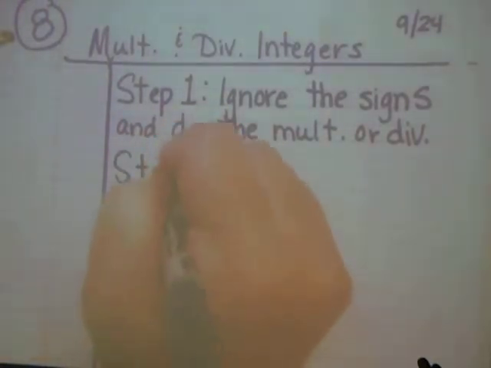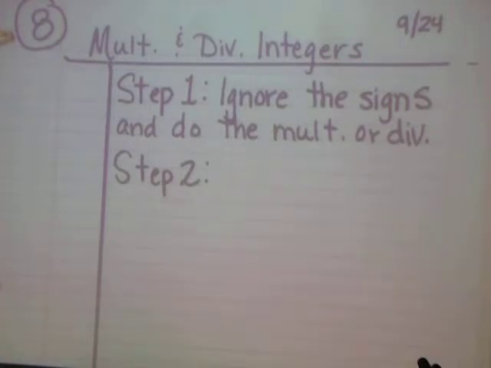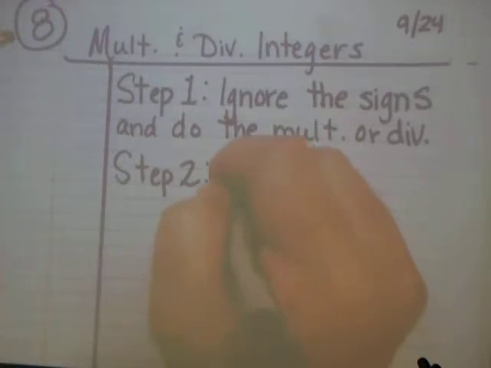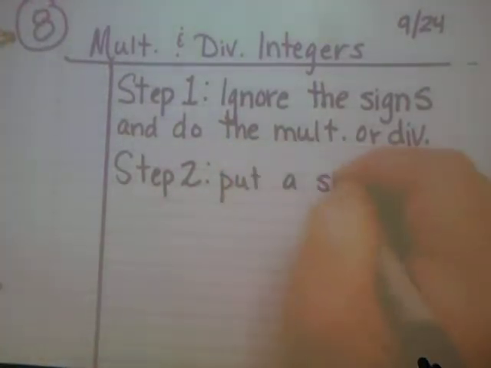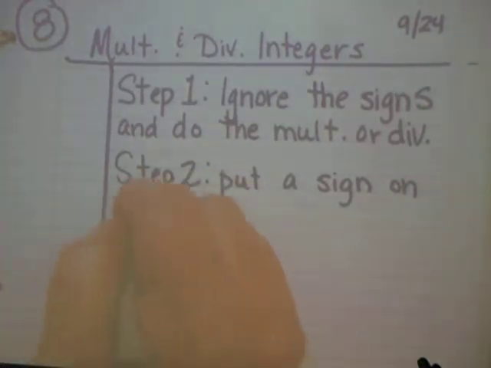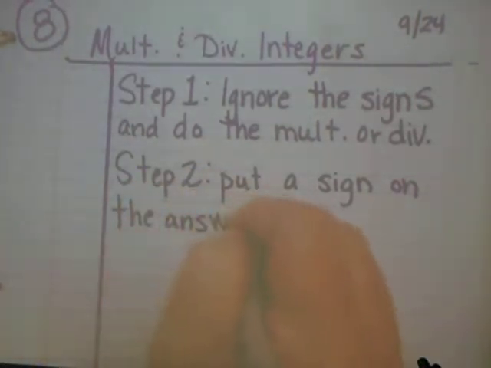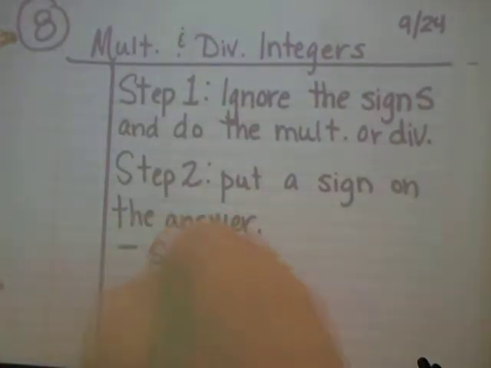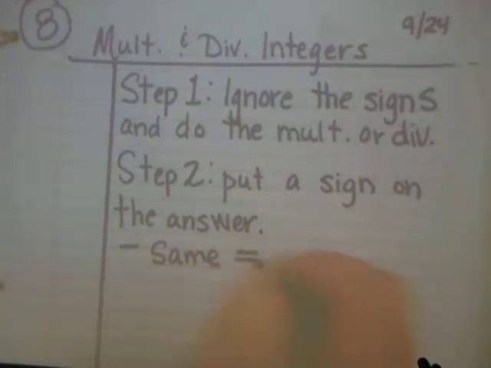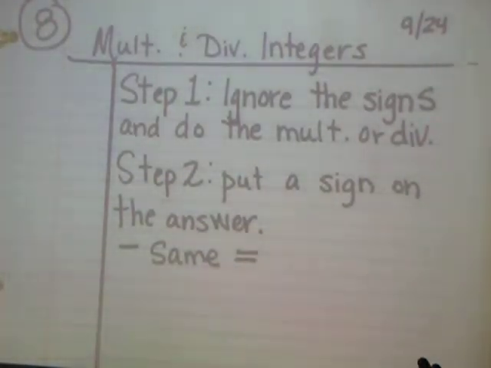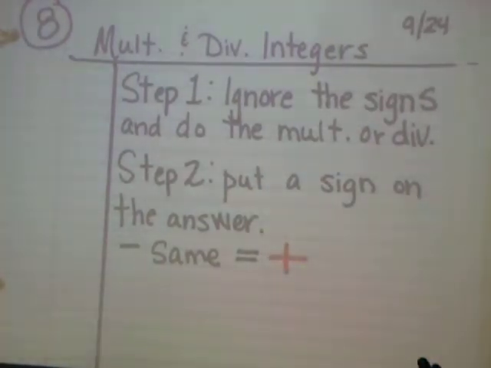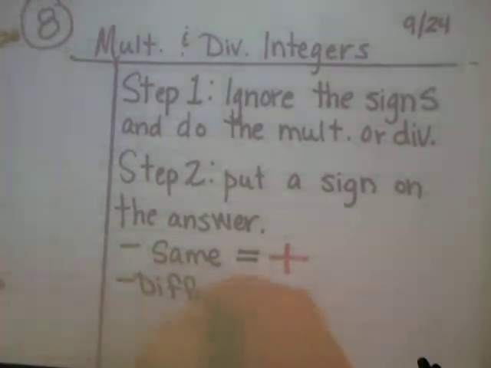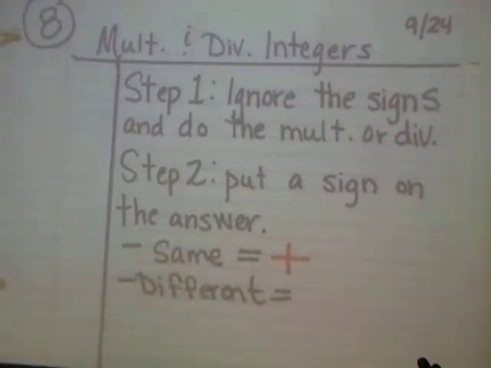Step 2, after we do the multiplication or division, we put a sign on the answer. If the signs were the same in the problem, it's a positive answer. If the signs were different in the problem, it's a negative answer.